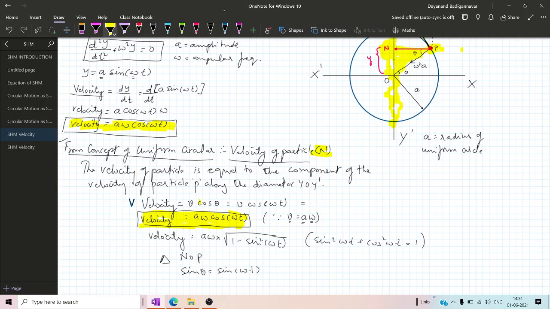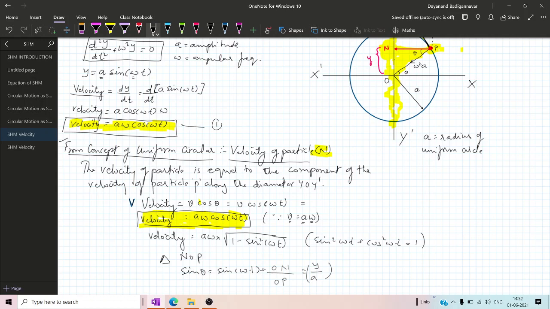Sine theta is sine omega t, because theta is nothing but omega t. From triangle NOP, sine theta is the opposite side divided by the hypotenuse, so sine theta is ON divided by OP. ON is y and OP is a. Therefore, I can substitute this in the equation.